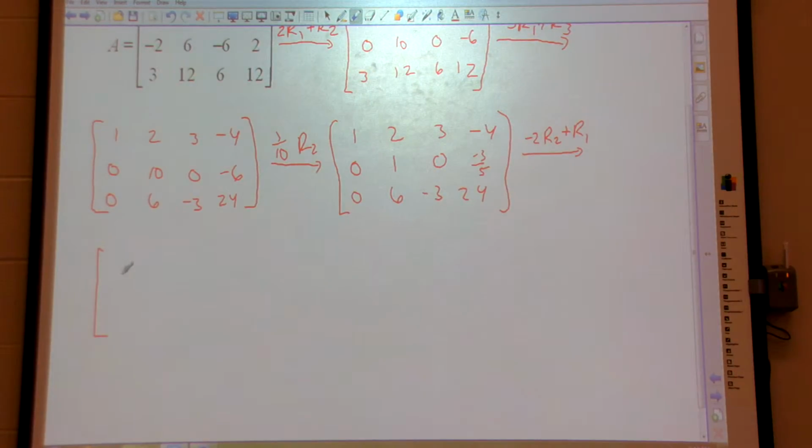So the second 2 rows stay the same. So that'll be 0, and that better not change. 1, 0, right? Remember, once you do this column, if you change any of these values, you did something wrong. Because once you've done it, it better not change.